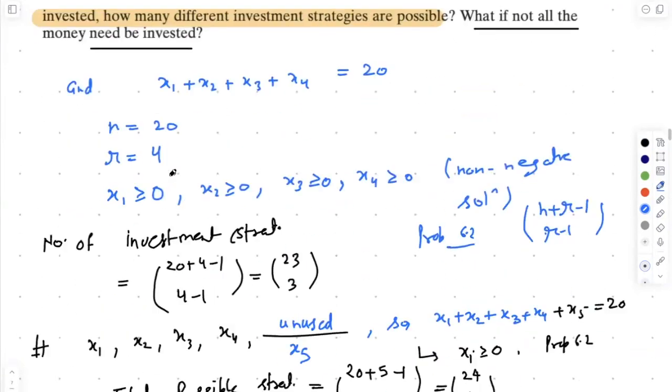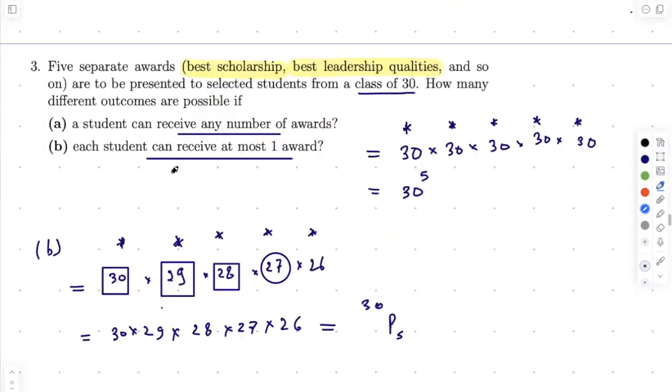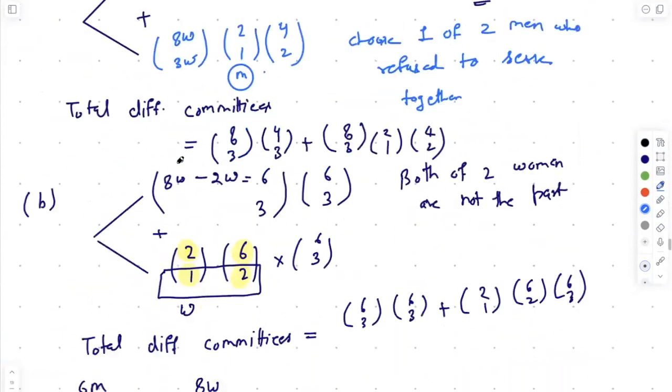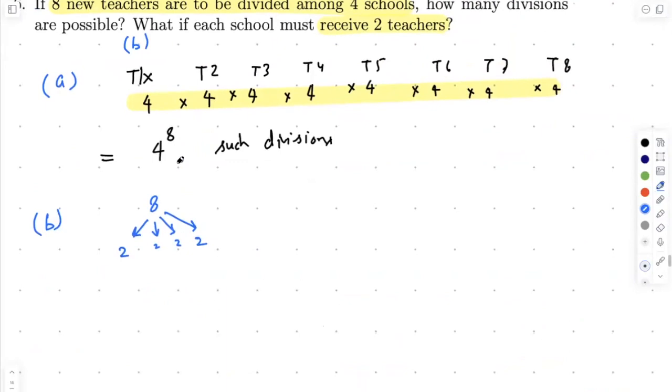So for this particular case, you see, order is going to be important. You are going to divide the teachers into four groups. Basically, I should use the multinomial. 8 is divided into these four parts.